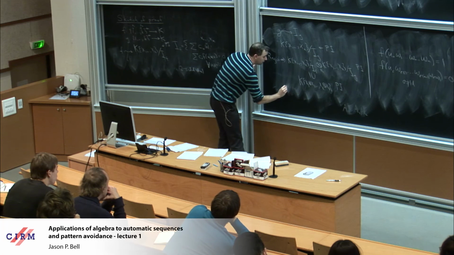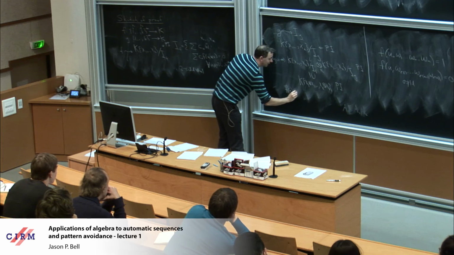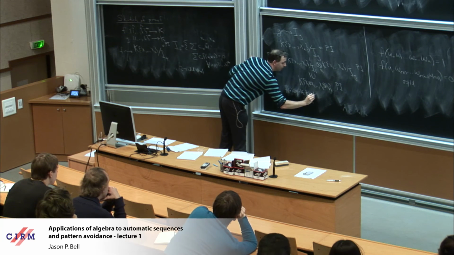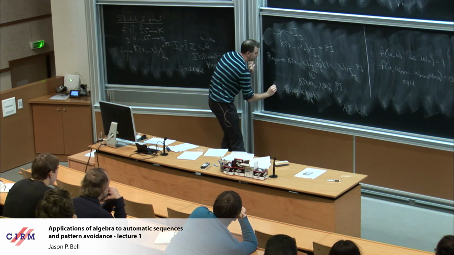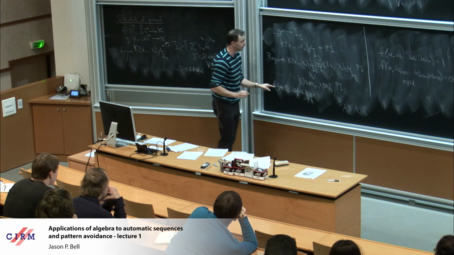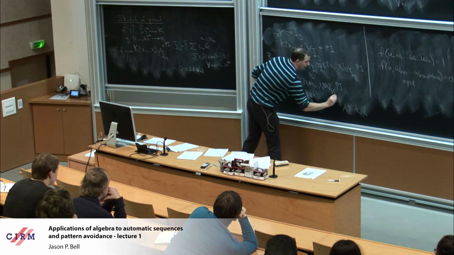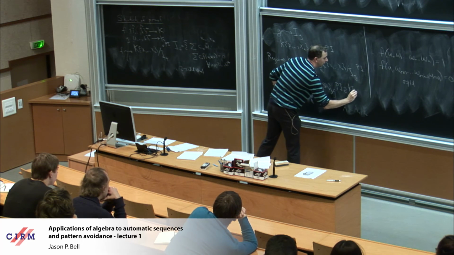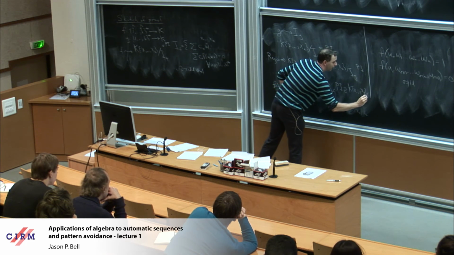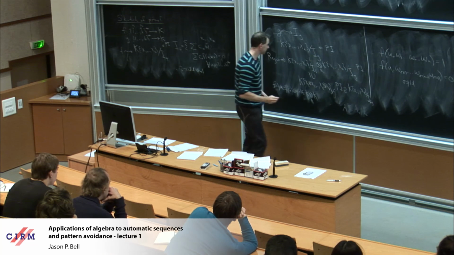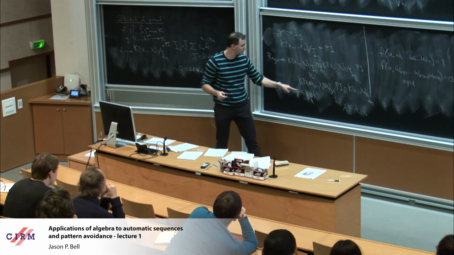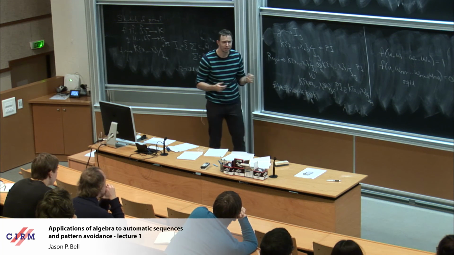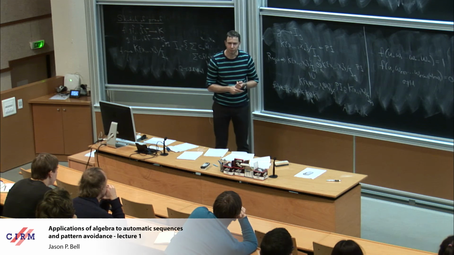And what that will show is that this sequence, which is really the same as this sequence, satisfies some standard identity. And so then you get that FG satisfies some shuffle identity as well.